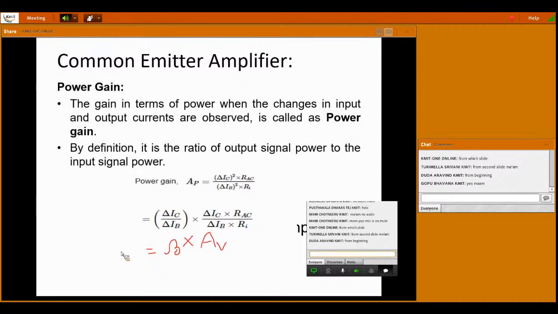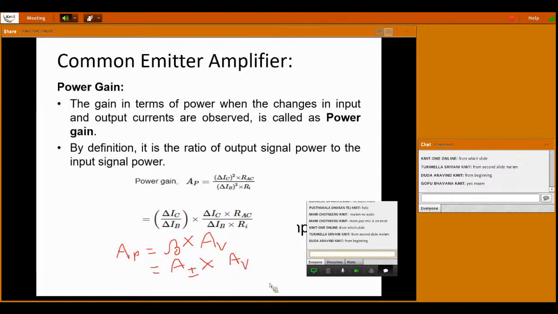Hence the power gain AP is equal to beta, which you can also write as the current gain AI, into AV. So the product of current gain and voltage gain gives you the power gain of your common emitter amplifier.